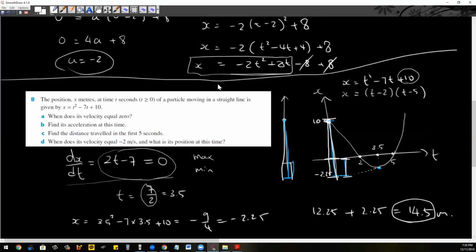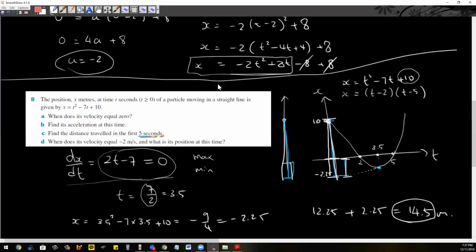You can. But you were trying to figure out distance traveled in 5 seconds, is that right? So you want to go from here to here. By the time you reach 3.5 seconds, you have been only moving downward.